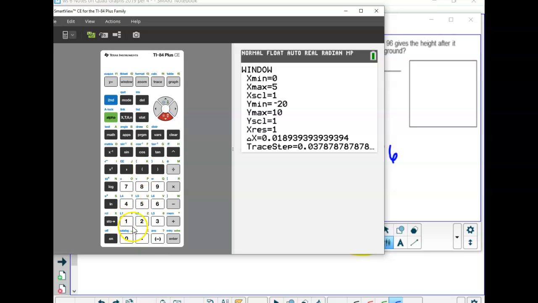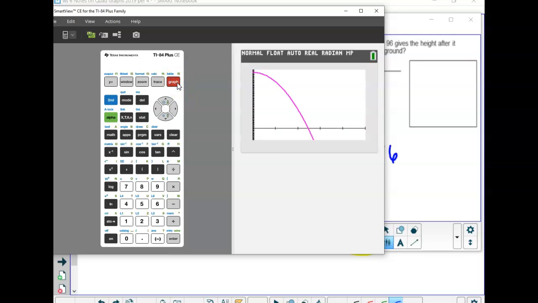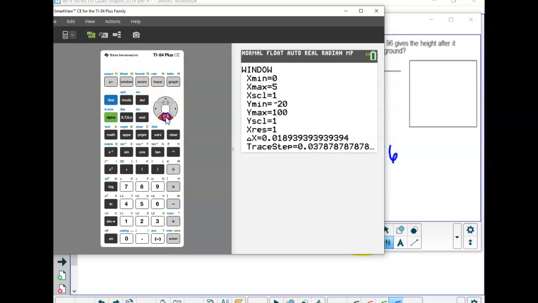So we need it to go up to like 100 at least, right? Because it was just dropped. It should be coming straight down. Now, you don't have to have a negative x value. I just kind of like it because now when I do trace, nothing's cut off down there. On the older ones, it used to write right over the top of that. But you're welcome to just do 0 to 200.